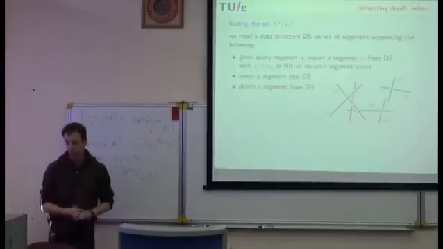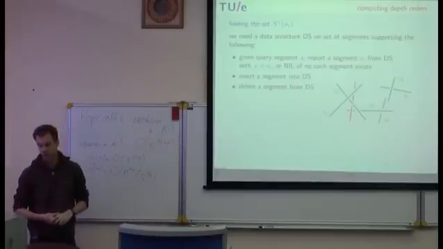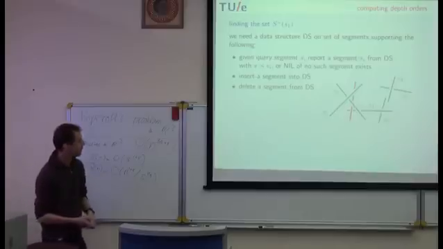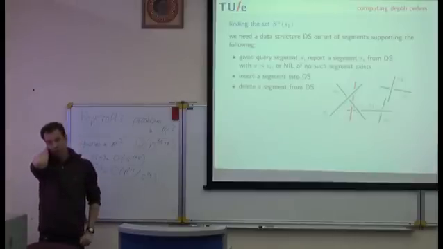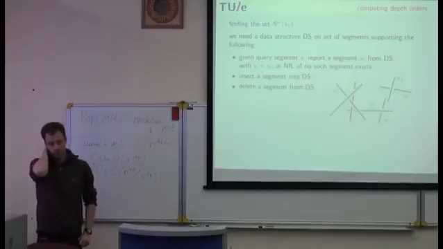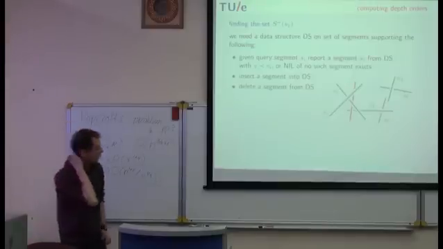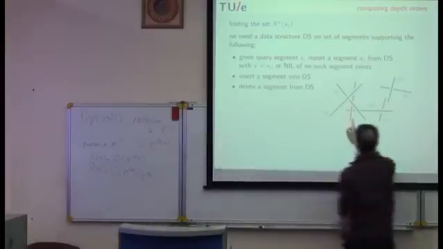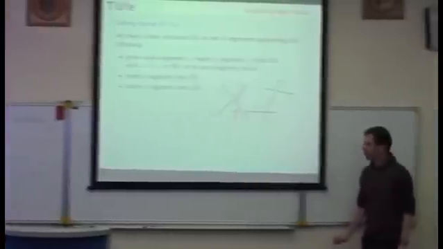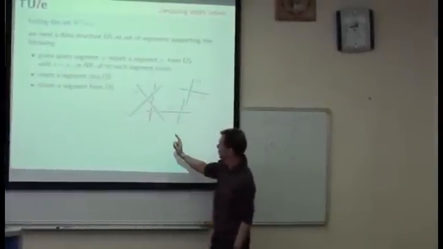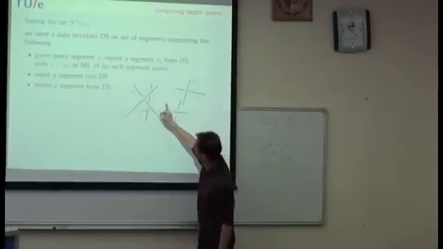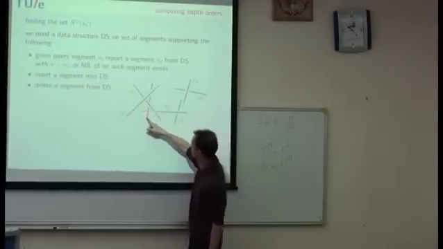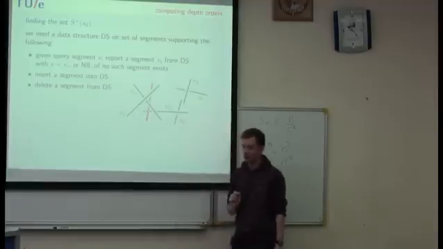We're going to do that using a clever data structure to help us. The data structure is going to do the following. You have a set of segments in three-dimensional space. The query is, you get a query segment, the red one, and the data structure is going to report a segment such that the query is behind that segment.